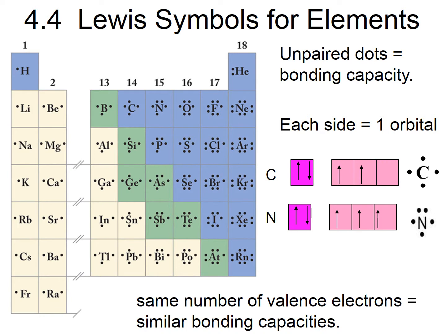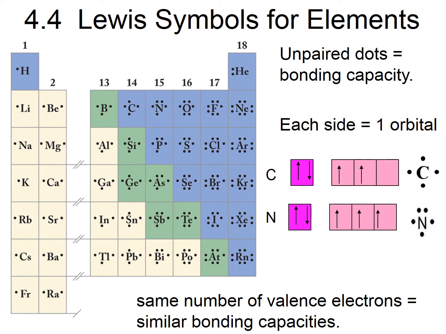Now, it turns out keeping these electrons in the lowest energy orbitals is not the best way to configure bonding. And so when these things try to bond, they actually split these electrons evenly among the valence orbitals. So if we say 1 orbital on each side, I'm going to split the 4 valence electrons into 1 electron for each side. Nitrogen has 5. That's going to leave it with 1 paired side and 3 unpaired electrons.